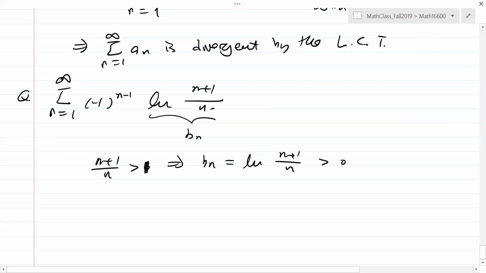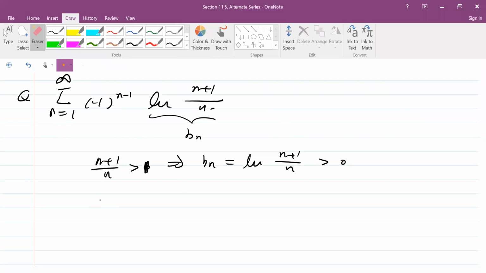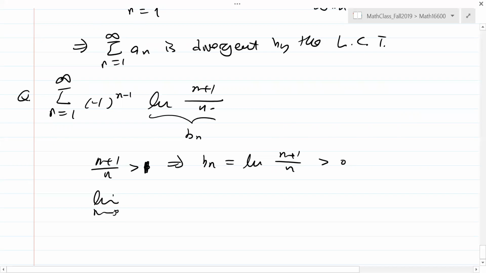Anyway, Bn is positive, okay, and the limit of Bn is going to be the limit of 1 over n, right? Which is 0. That's a good sign. It's a positive number, the limit is 0. More likely it's always decreasing. Otherwise it's not going to be 0.